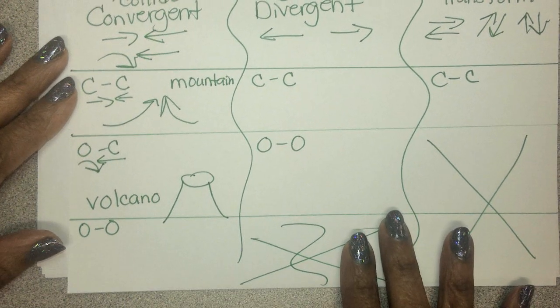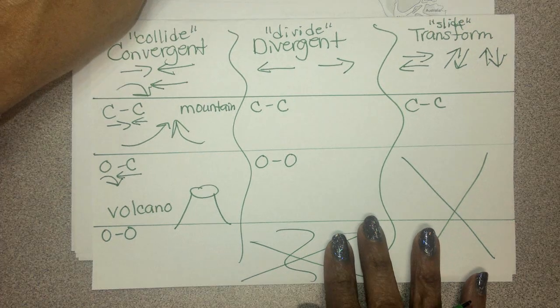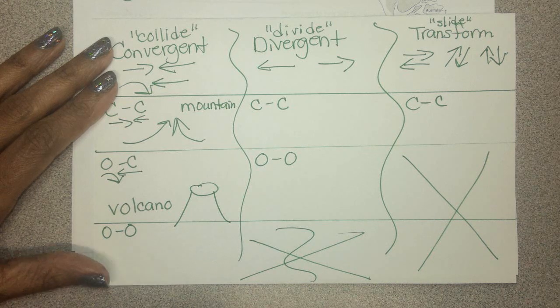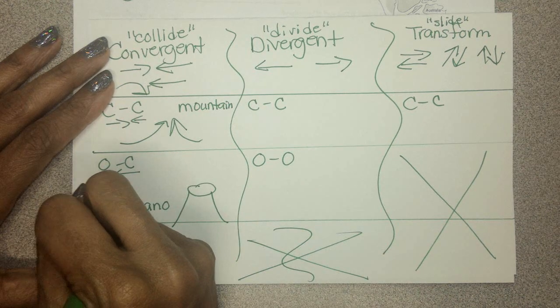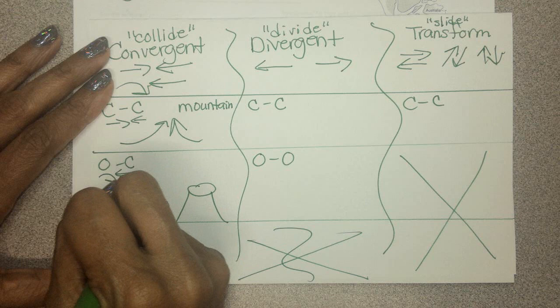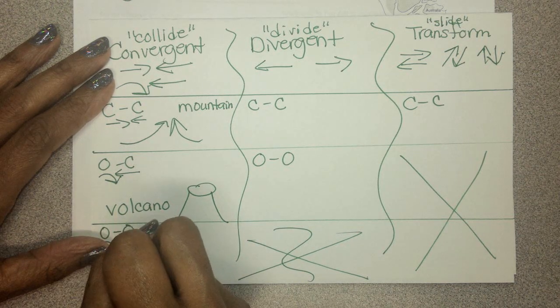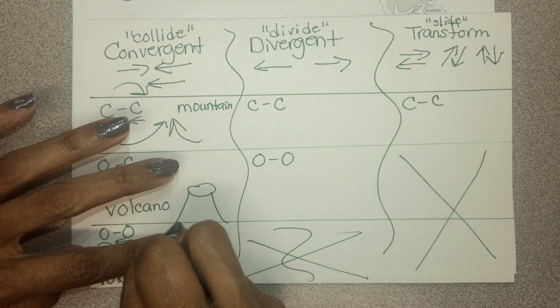Now, if you have ocean to ocean, usually the older plate will sink, but one of the ocean plates is going to sink, and that's where you get a volcanic island.